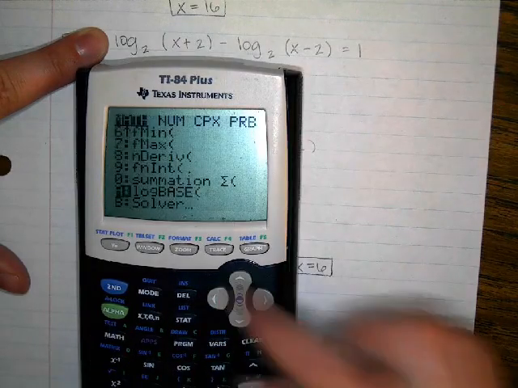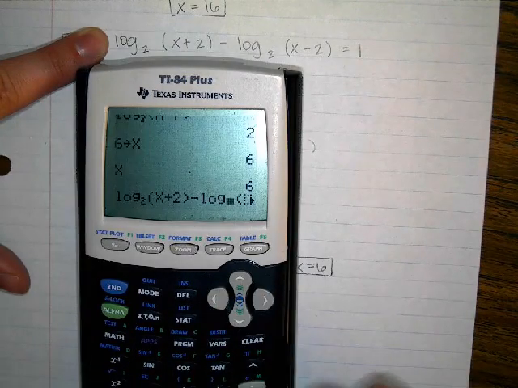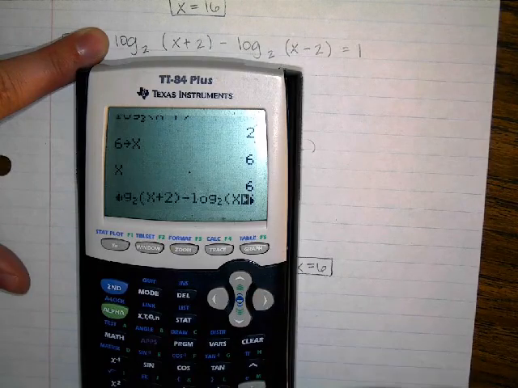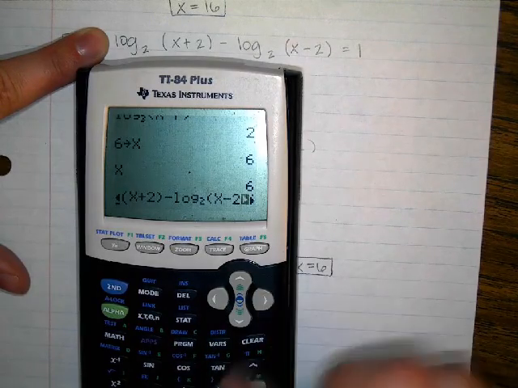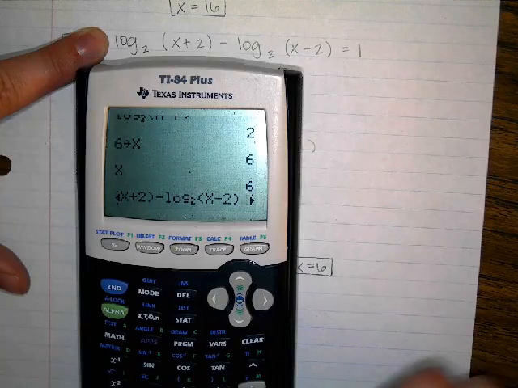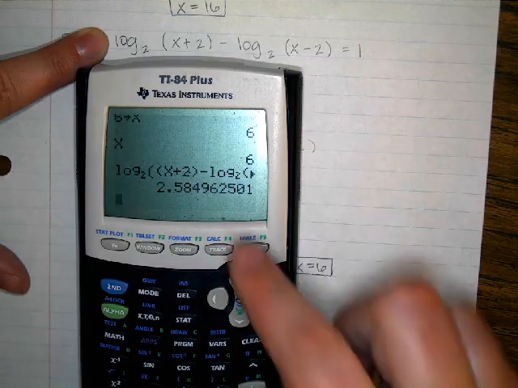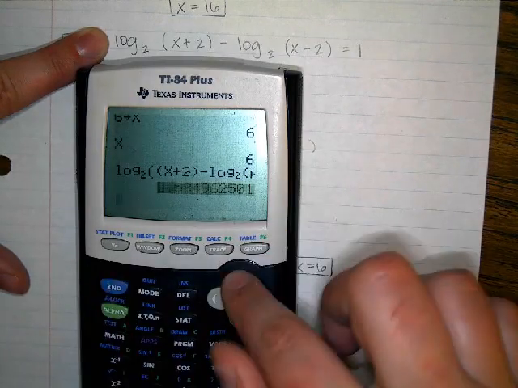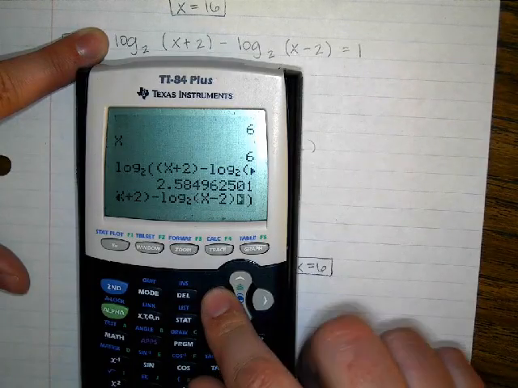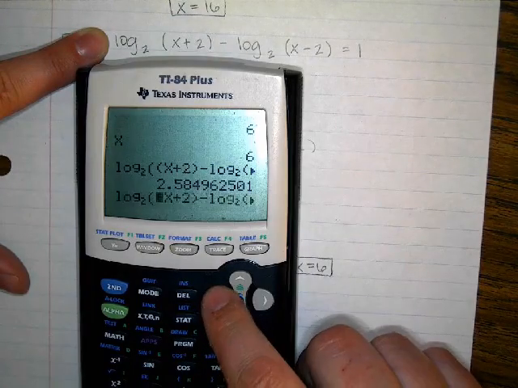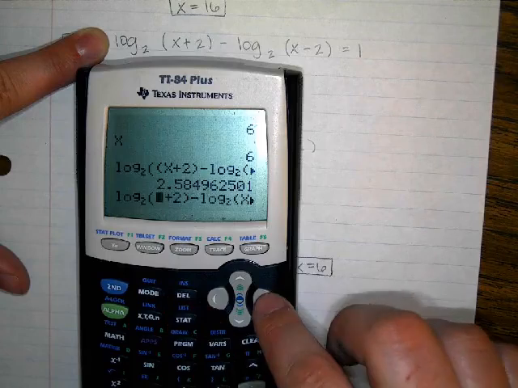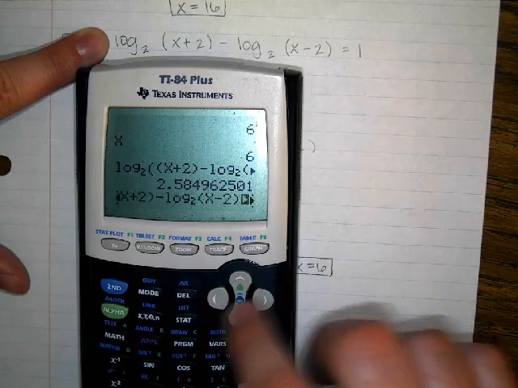Oh, I have to make sure I have my parentheses correct. I have extra parentheses in there somehow.